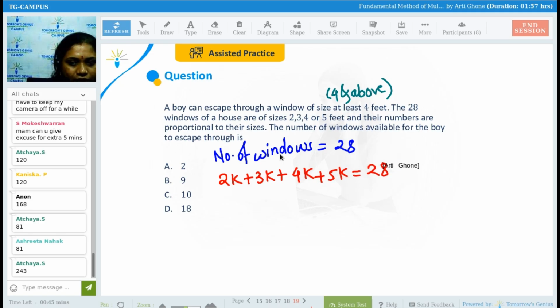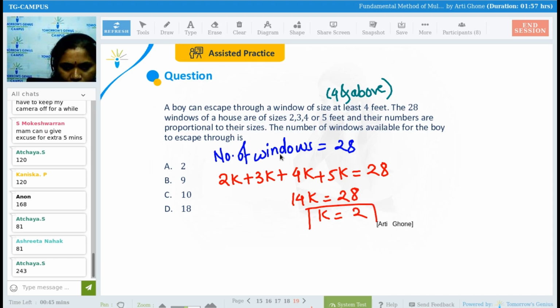Okay, and all is equal with 28. So what is the value of k? Up to this is clear, but k is not a final answer. That is the thing to be understood.